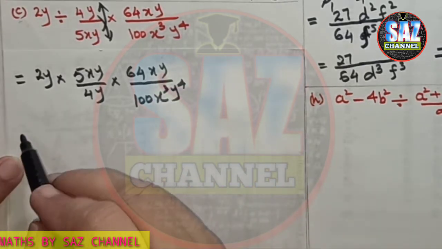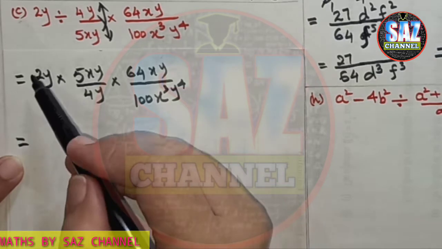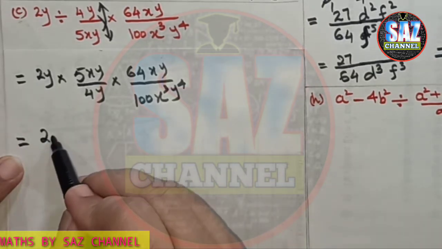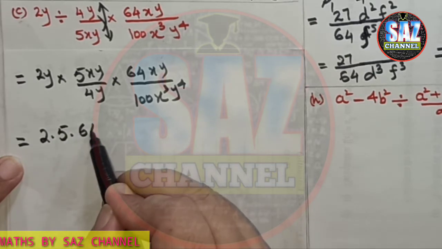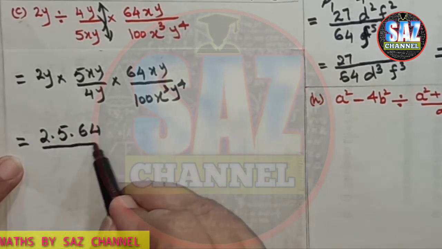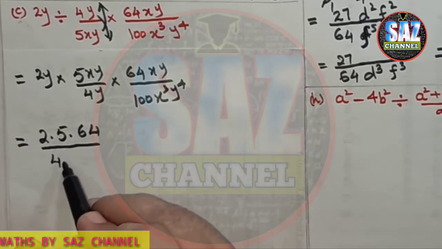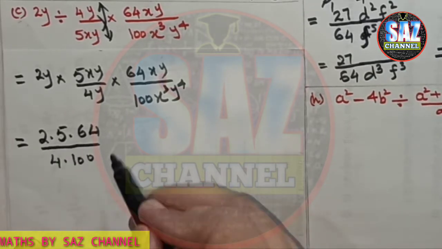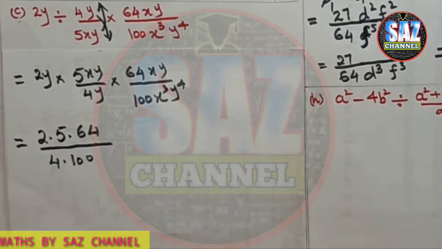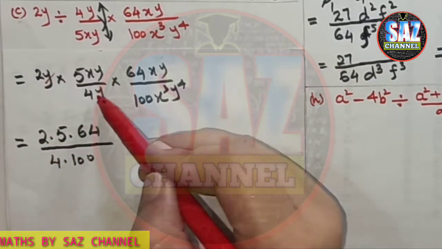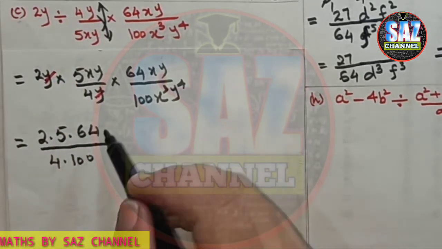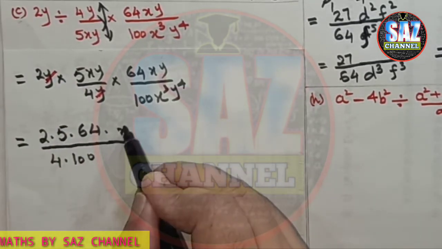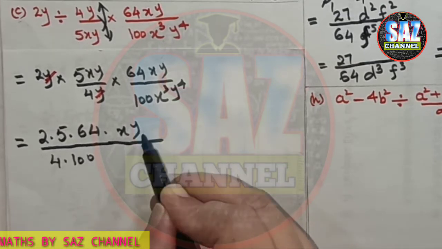It's better to write the constant coefficients in the beginning. 2 multiplied by, dot stands for multiplication, 2 multiplied by 5 multiplied by 64 upon 4 into 100. Coming to the variable terms, we can see that we can simplify this y with this y, and I will be left with xy multiplied by xy.